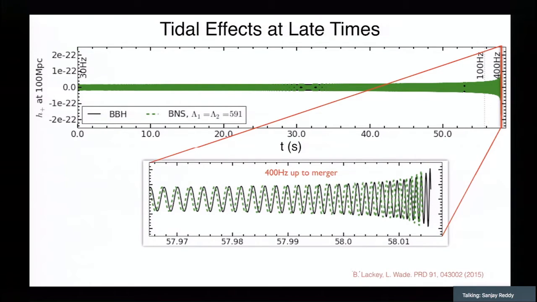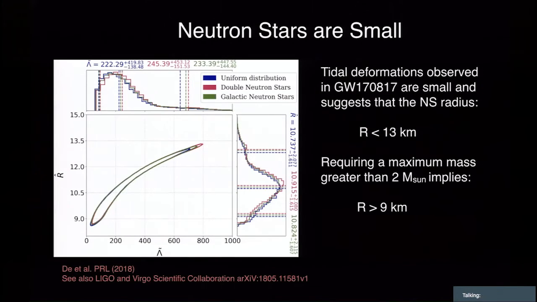You can see that in the last few cycles, in the inset in the figure: there is a clear shift between the green lines and the black lines, and the green lines clearly show that the two objects merge faster than the two black holes shown in black. This offset, or this increase in frequency with time, can be measured for close by neutron star mergers, and from these measurements you can extract the tidal deformability of neutron stars. So this is what was done.